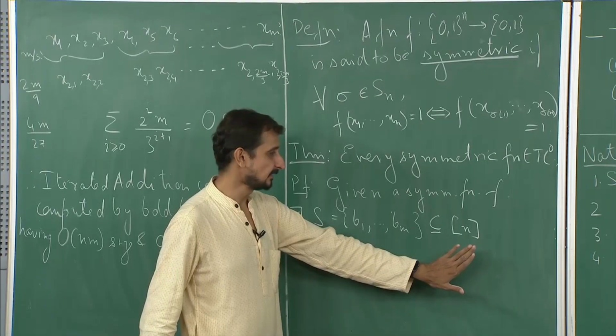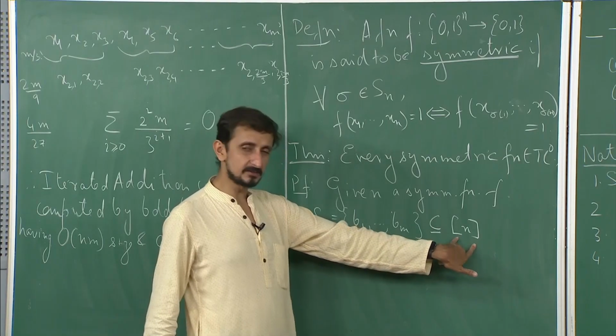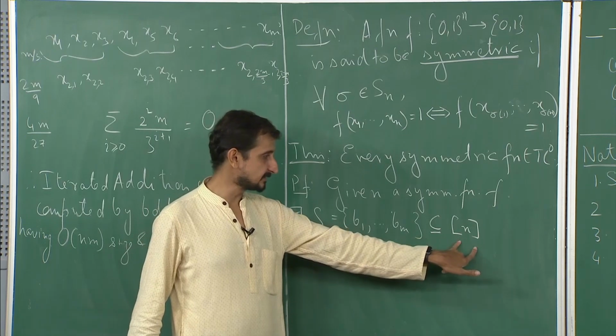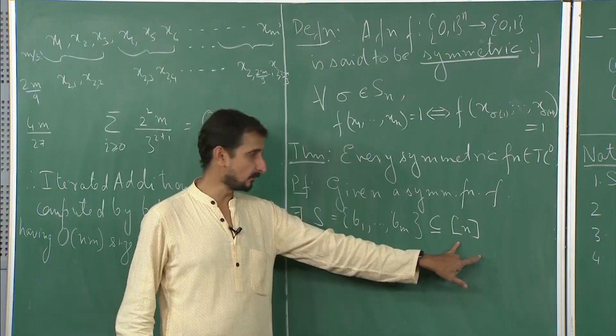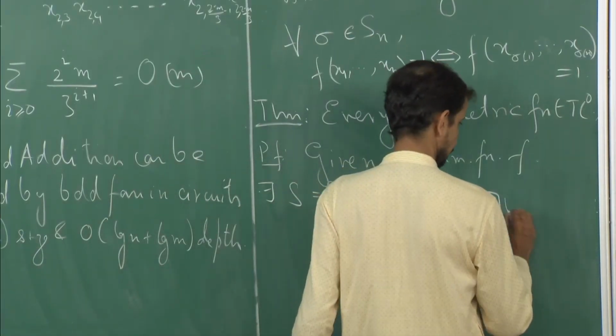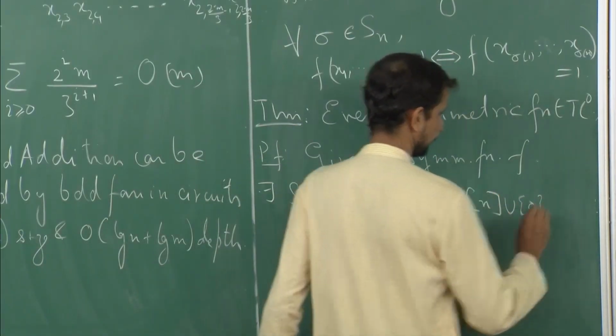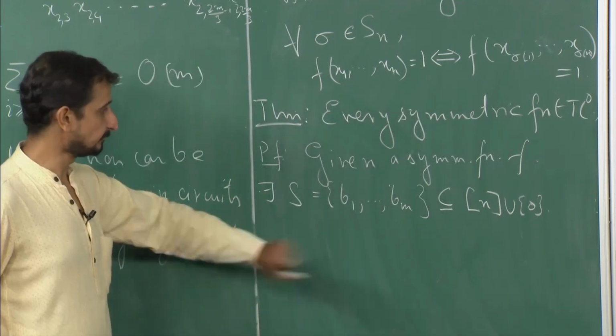Is this representation used for the set from 1 to n or 0 to n? 1 to n, right? Okay, then I will add 0 also. I need 0 to be here as well.